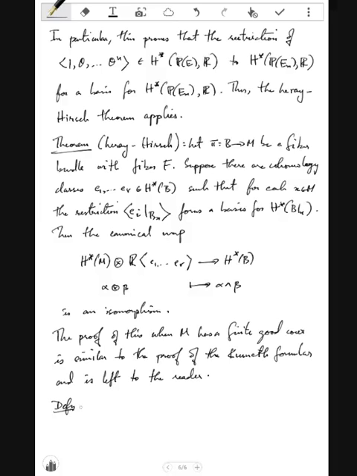Let's now define Poincare polynomials. Suppose we have a manifold with finite dimensional cohomology, then we define its Poincare polynomial P(T) to be equal to the sum of the dimension of H^i times T to the power i.